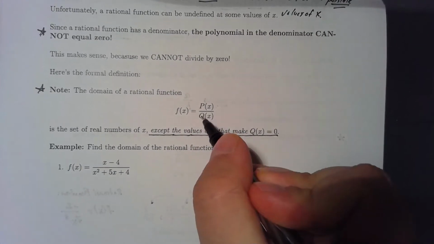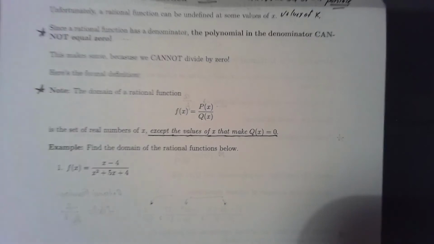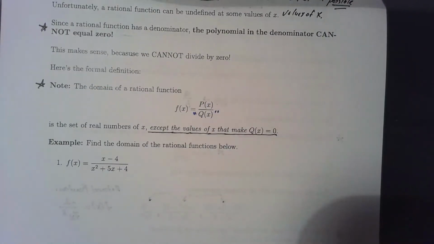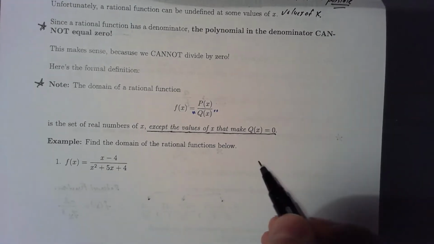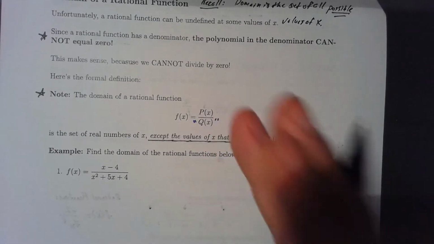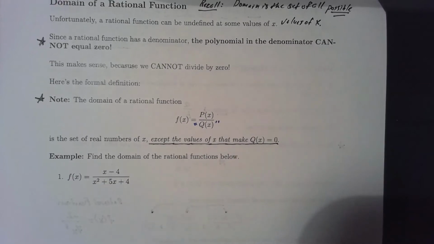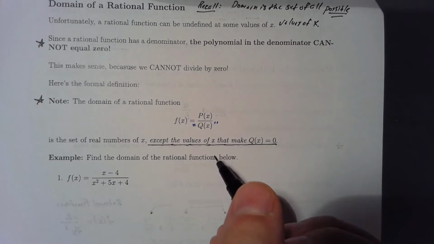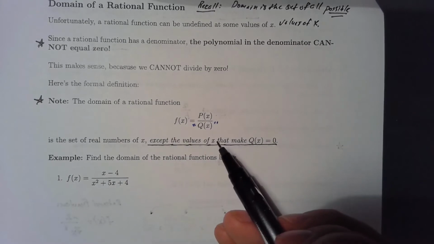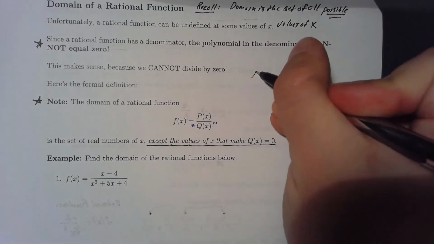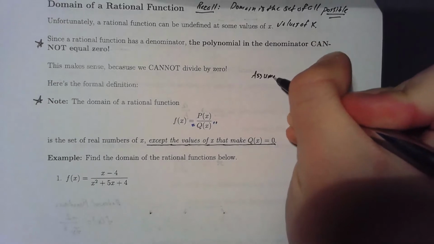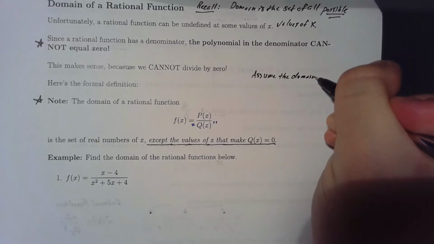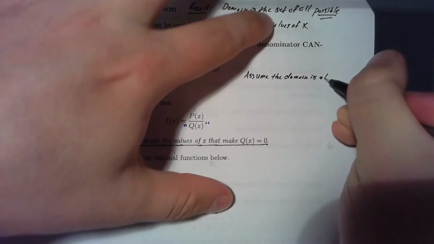So for whatever values of x that q of x is equal to 0, those points of x are not included in the domain. So what we do is we assume the domain is all real numbers.